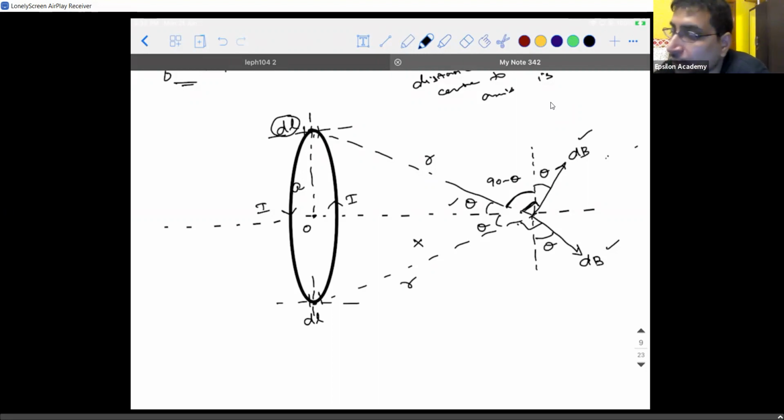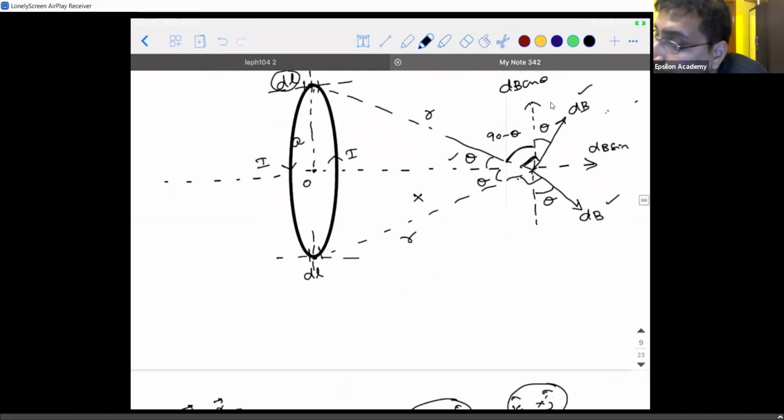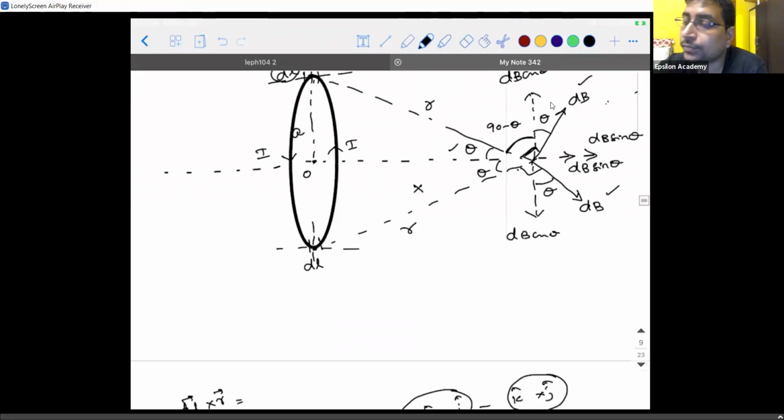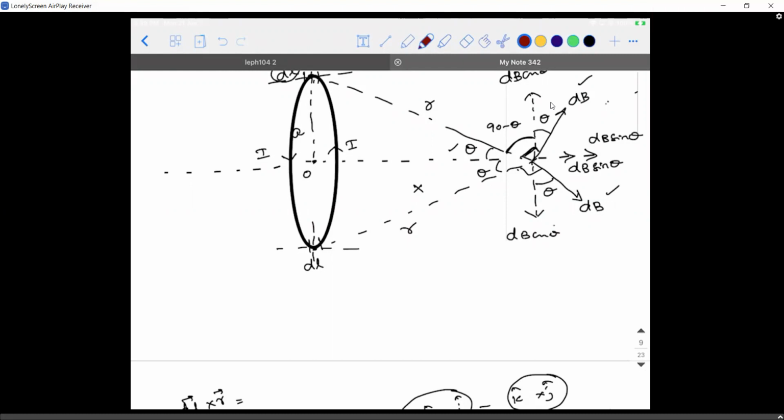So dB at the top can be resolved into two components. One is dB cos theta and the other is dB sin theta. Correct? Similarly, dB at the bottom can also be resolved into dB cos theta in this direction and dB sin theta. So which vectors are getting added? dB sin theta are getting added.